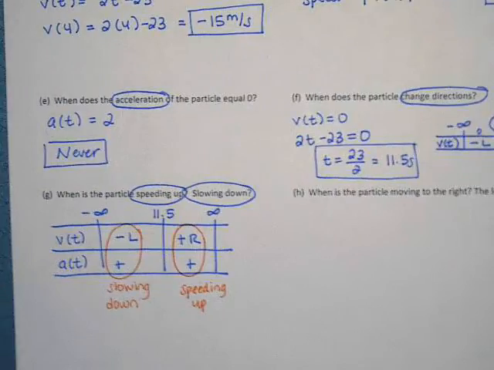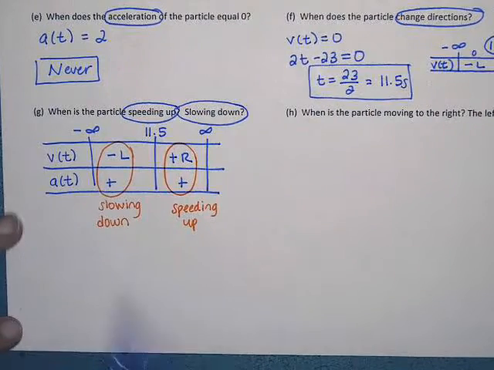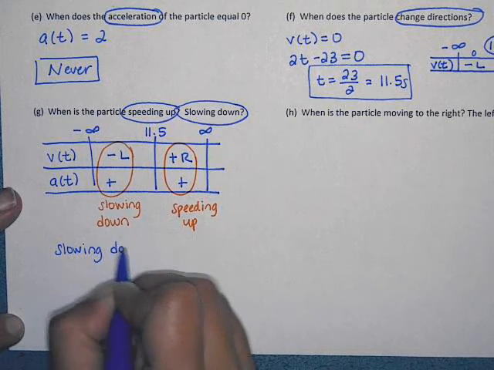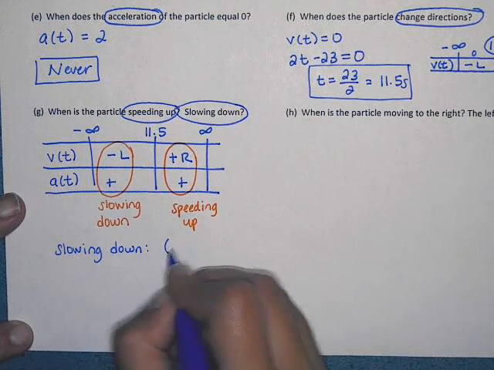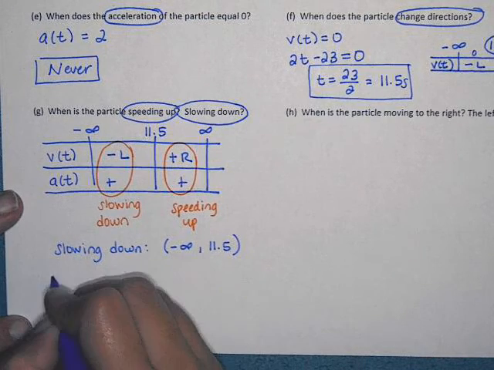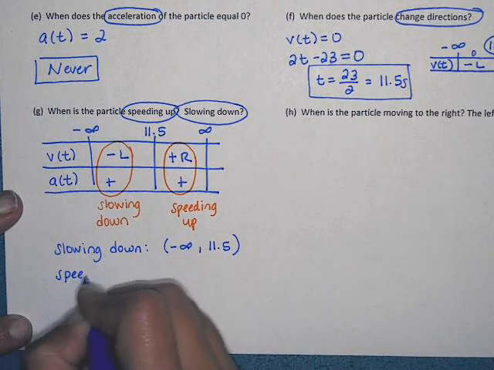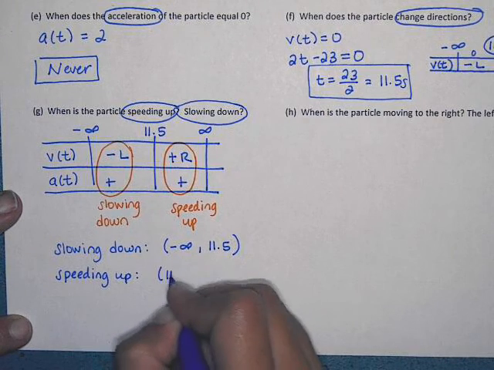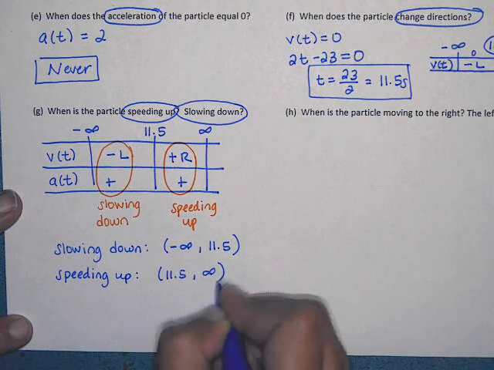So we would say we are slowing down from negative infinity to 11.5 open. And we are speeding up from 11.5 to infinity open.